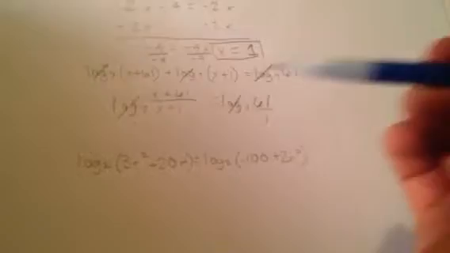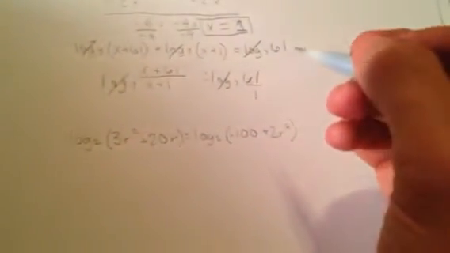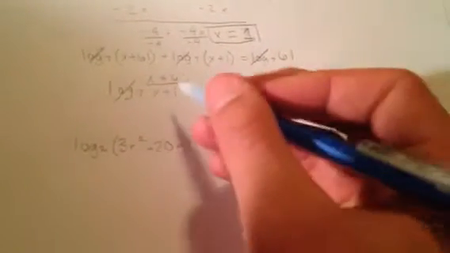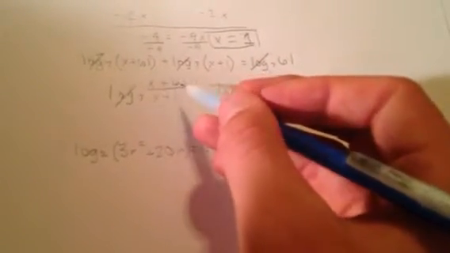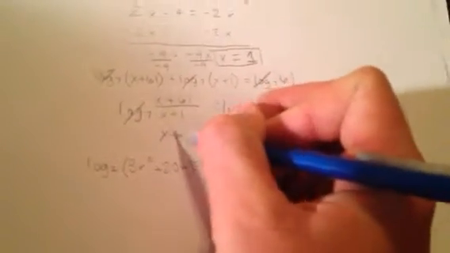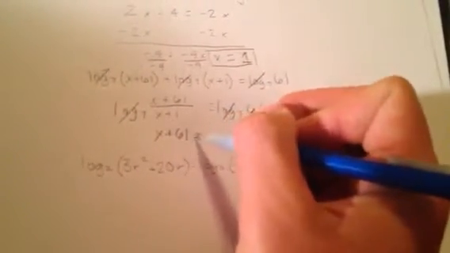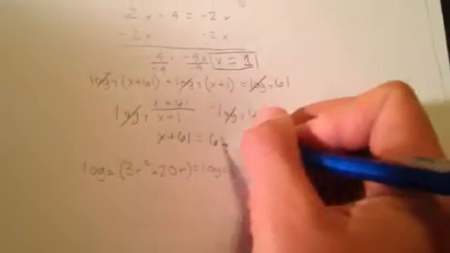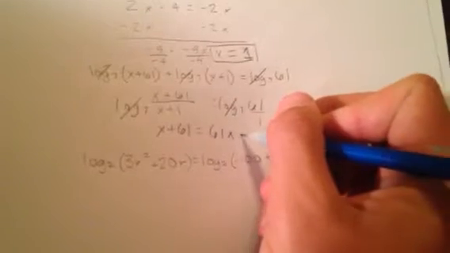Now you're just going to cross multiply. Since this is just x plus 61 times 1, it's just going to equal the same thing. On the other side, it's going to be a little different, so it's going to be 61x plus 61.